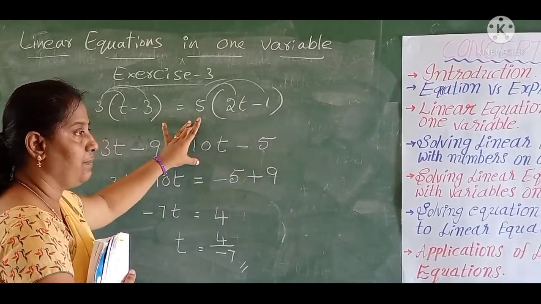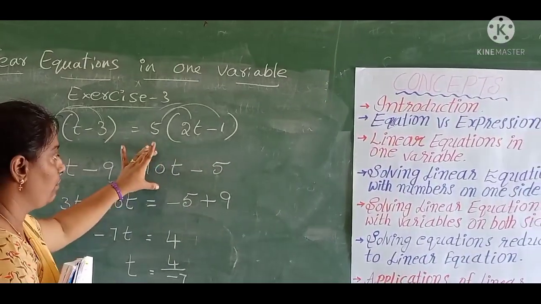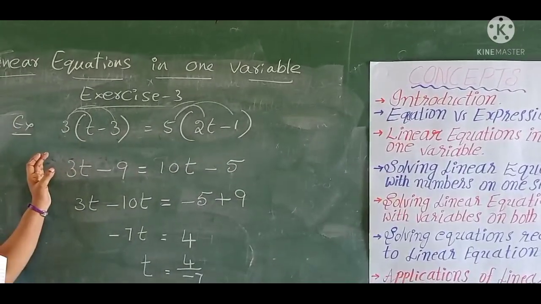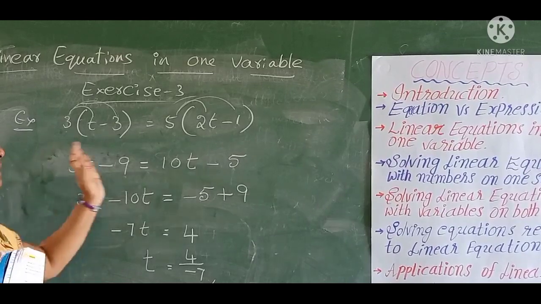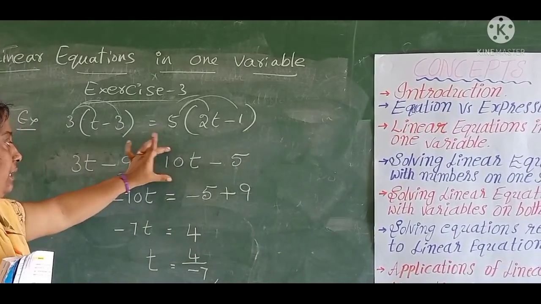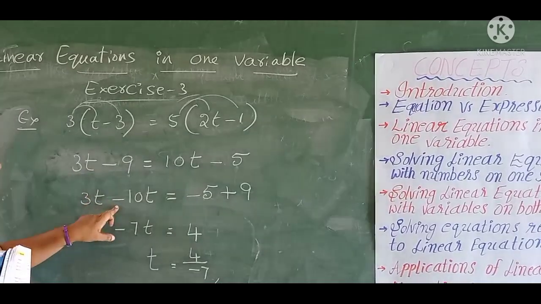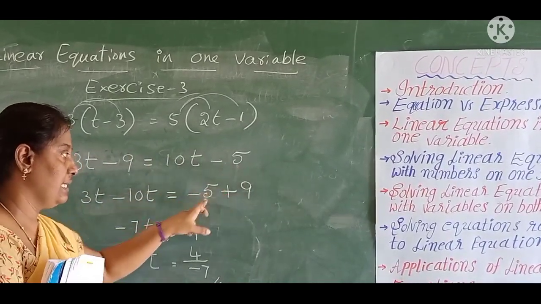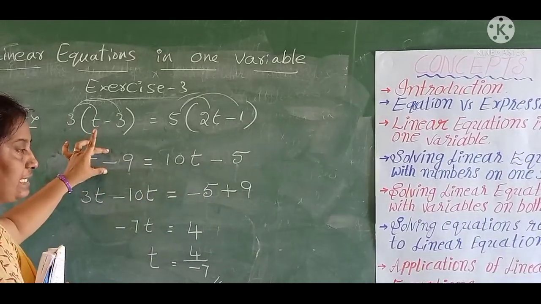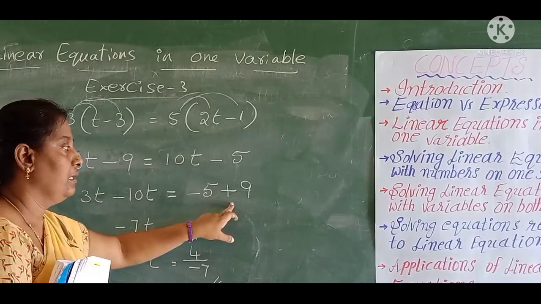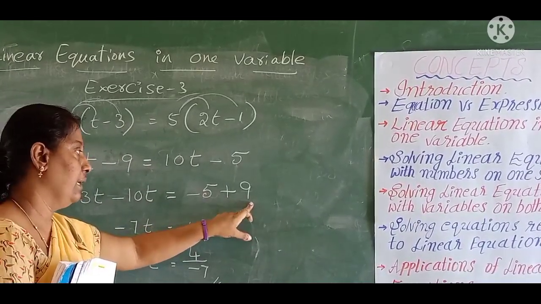For solving these types of questions, we have to move all variables to the left hand side and constants to the right hand side. The right hand side variable is 10t, so move it to the left side, minus 10t. Minus 5 is already there on the right. On the left hand side, minus 9 is a constant, so moving it to the right side, it will become positive 9.